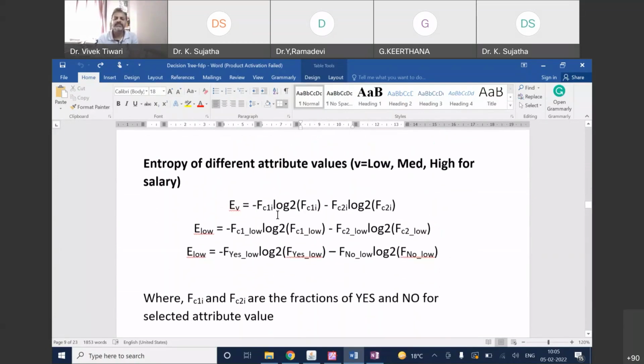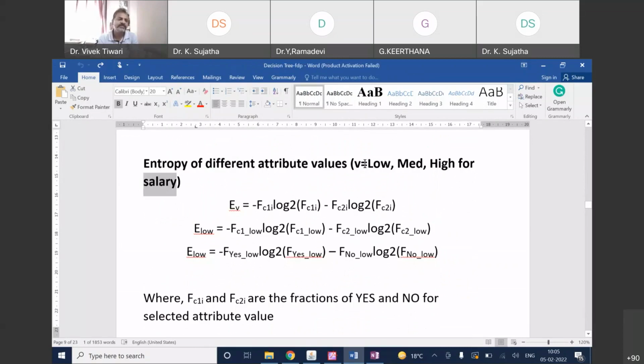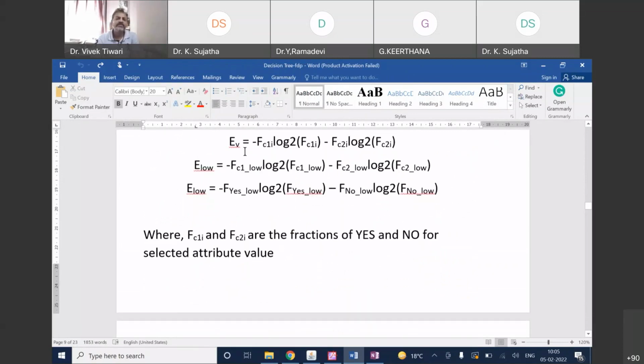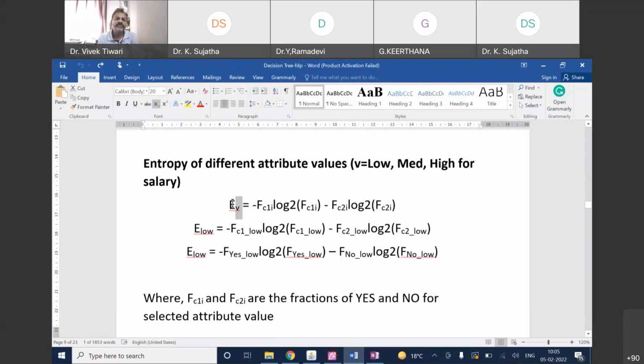For example, we have considered the attribute salary, and the salary has three sub-labels: low, medium, and high. So V means entropy of variable label.